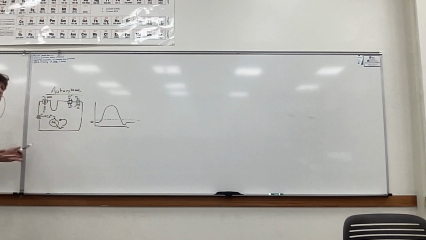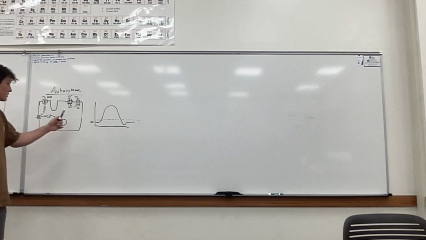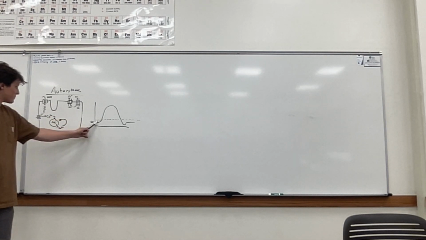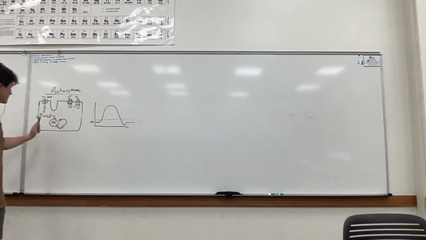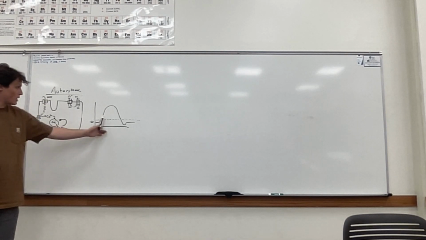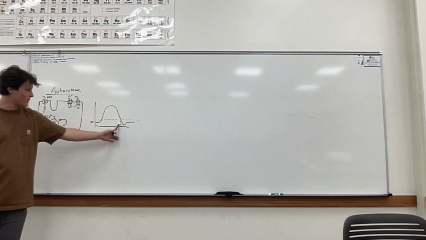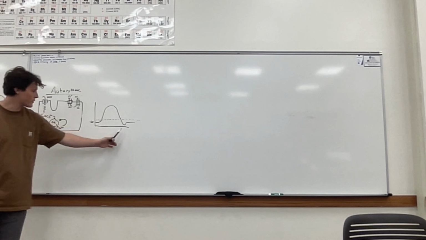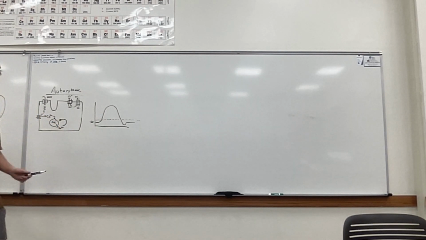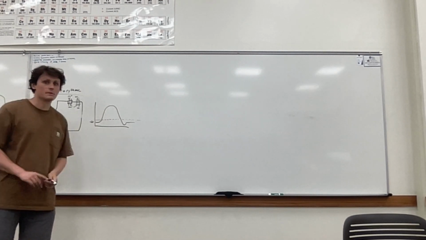We can see everything that we talked about. We're starting here. We have a little bit of a net positive charge. It comes in, opens up our calcium, a lot of calcium, and then we start pumping it all out. And then we have to pump a little bit more out here. And then we repolarize to our resting membrane potential.